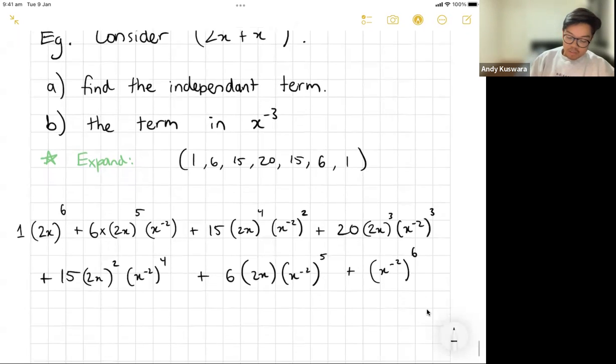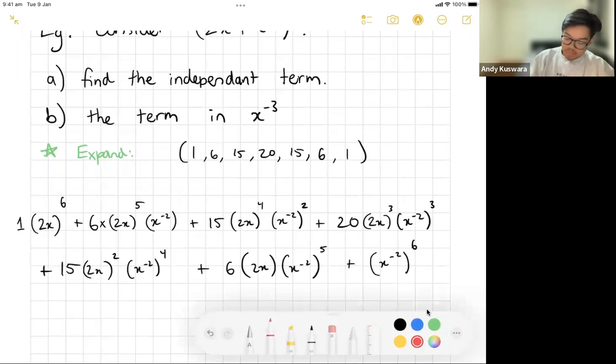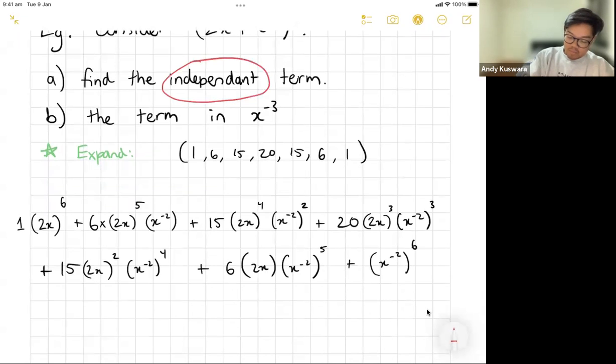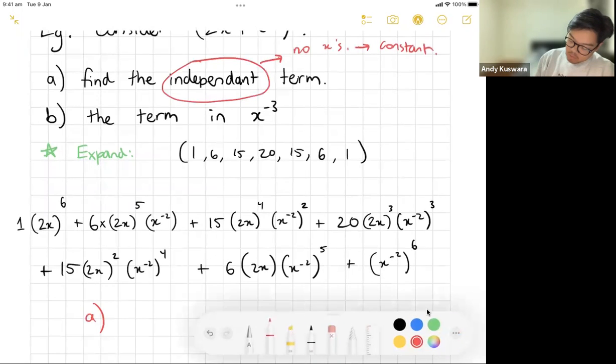Now, to answer the questions, find the independent term. This essentially means no x's, right? It's just a constant. That's what they're asking. Okay, so to answer for x, I'm going to look at which term here, and these are all different terms.